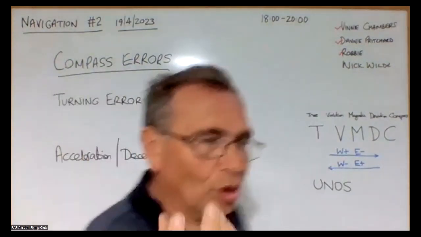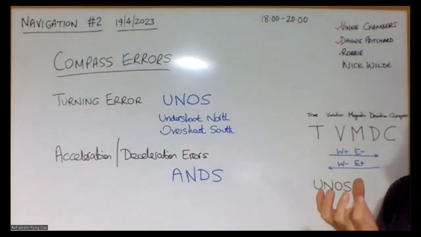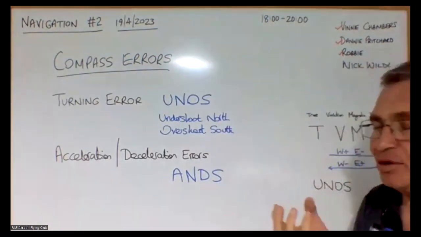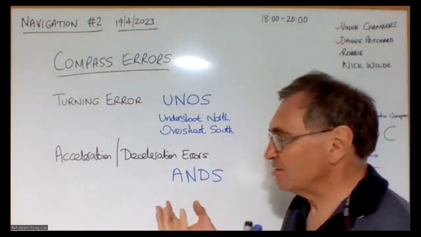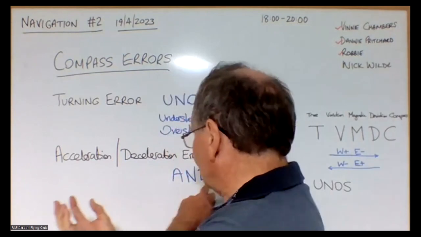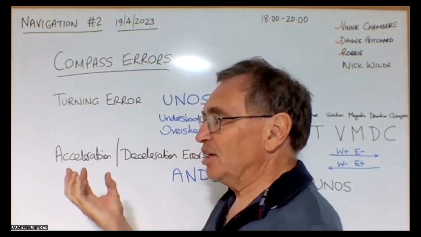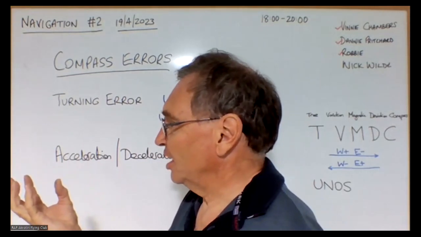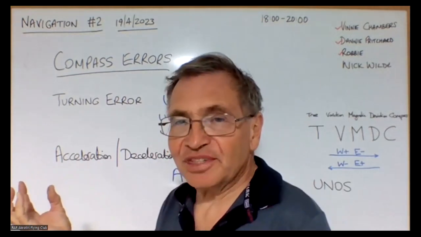So if I'm walking along with this compass on 270 and I'm maintaining 270 and I suddenly stop, my compass produces a turn to the south and it will show me 260. And then it will go back to 270 again.